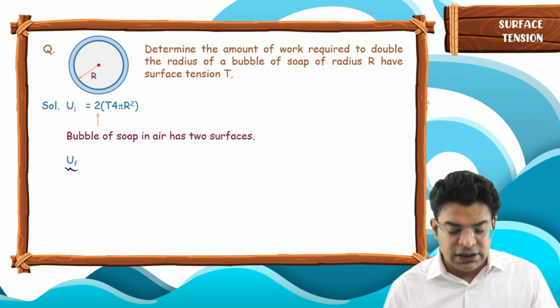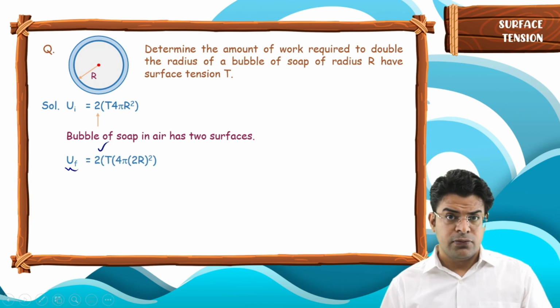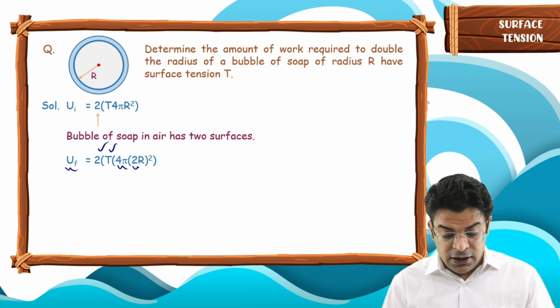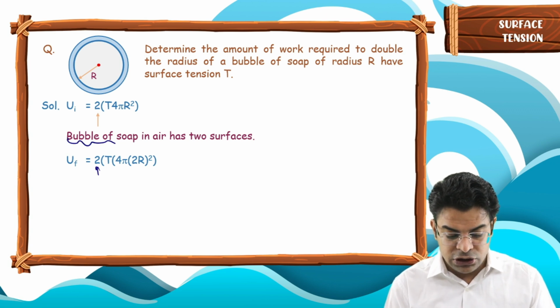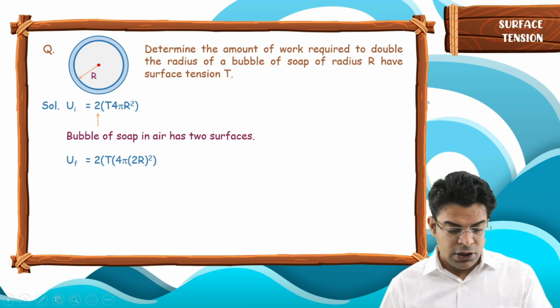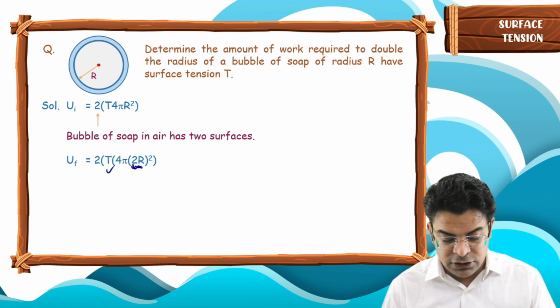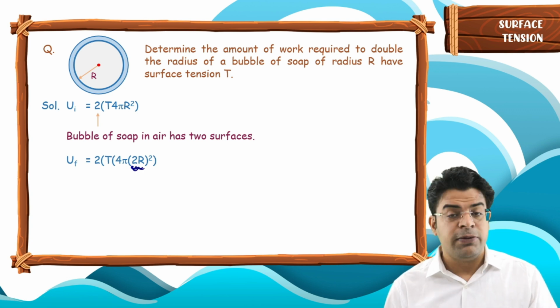The final surface potential energy will be written as 2 times the surface tension into 4 pi into final radius whole square, which is 2r whole square. So why this 2? Because the bubble has got two surfaces. T because of surface tension, and here in place of r we have substituted 2r. So when you square this 2r, this becomes 4r square.